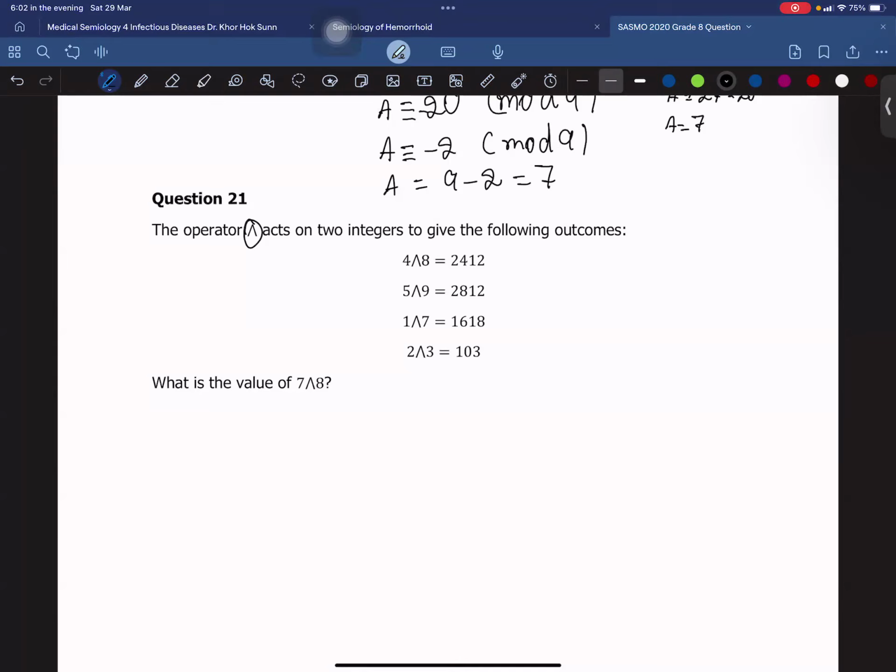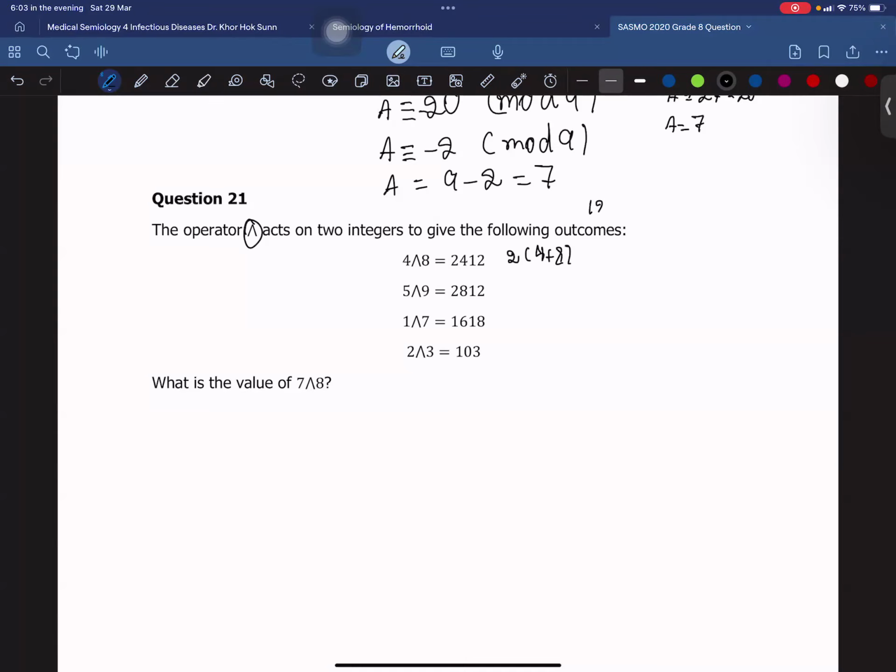Okay, so as I can see, there's no answer. So I'm going to do it for you. Okay, so let's try some way to find the value of it. Example: what if we have 2 times 4 plus 8? What's the value of it?